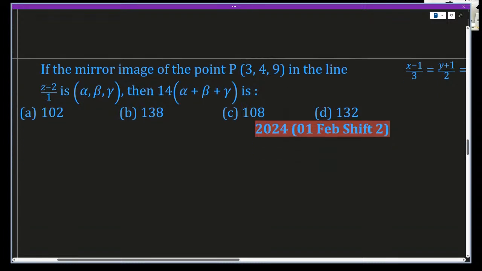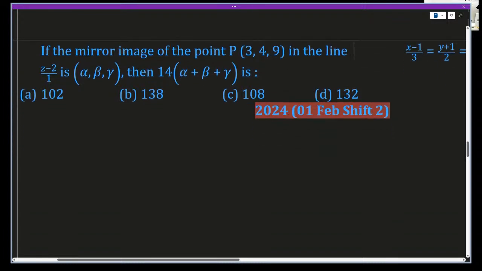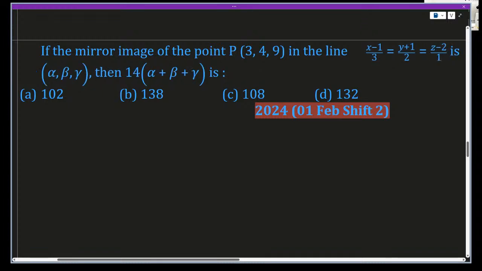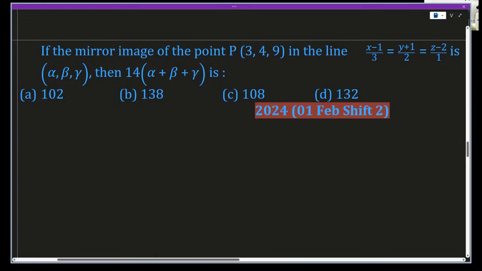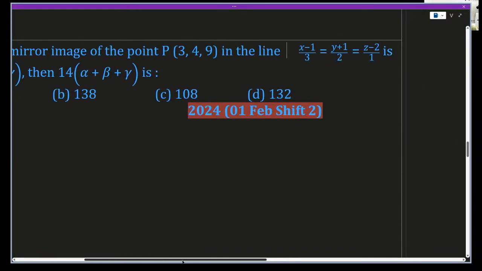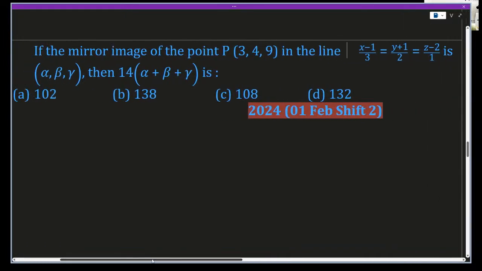Go for the next one. This is a problem which is asked even in the board sample paper, mirror image of a point. But here they have asked just this thing extra. It's not a difficult sum. Those who haven't done mirror image problems, just try to remember the concept of two-dimensional geometry. The way you found the mirror image over there, the same manner we are going to find the mirror image here also.